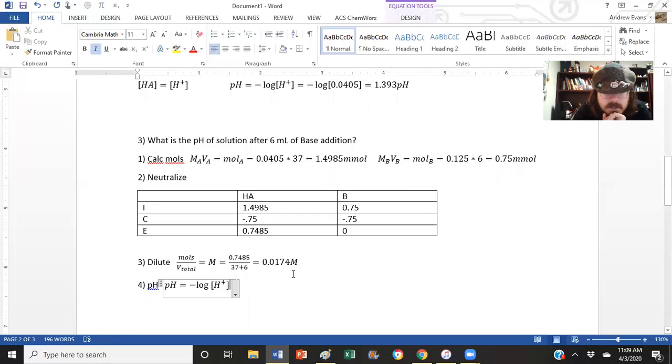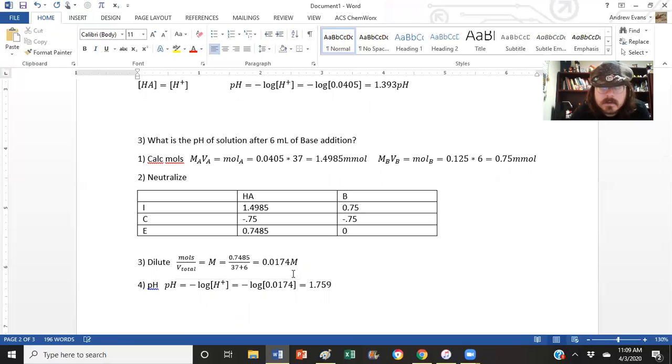So we can simply say it is equal to the negative log of 0.0174, or 1.759.